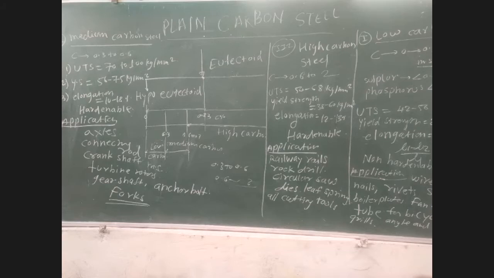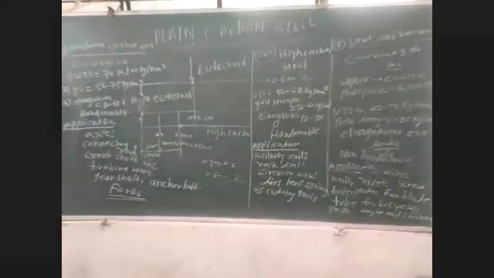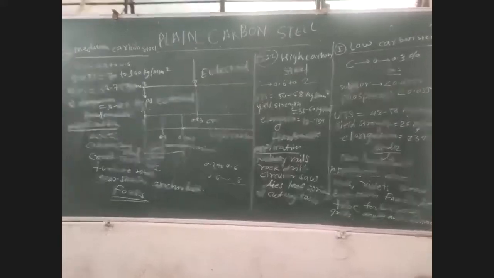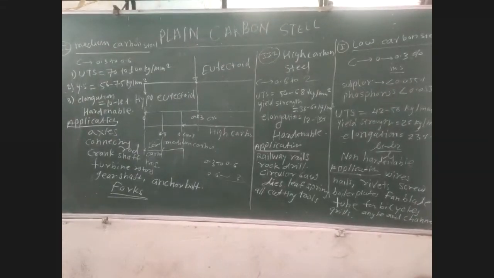Here in this application you have to remember whenever a light load is there, just like our structural steel, then different types of wires, rivet, boiler plate, fan plate, tube, bicycle, angle, channels, we can use low carbon.